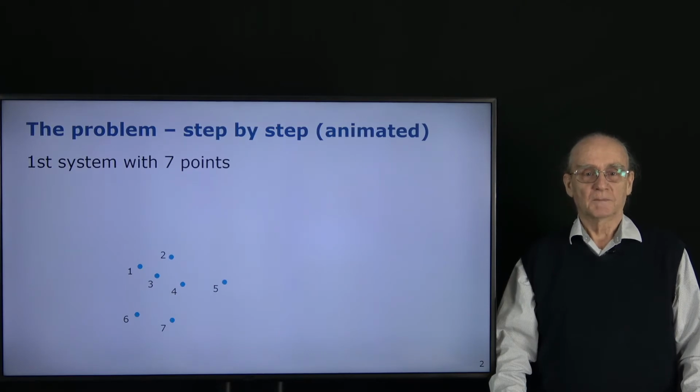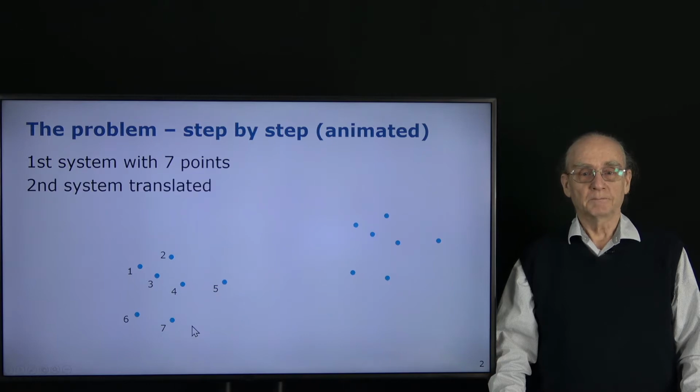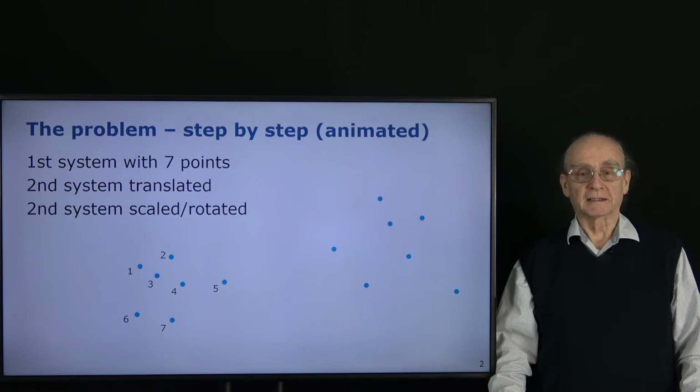So let's start with an example. We have here 7 points in 2D. And we now translate them into the second system. So we have the same points here. You see the configuration. And now we rotate and scale it.